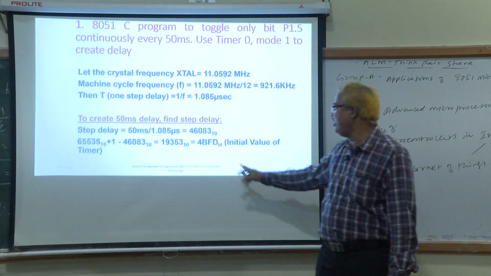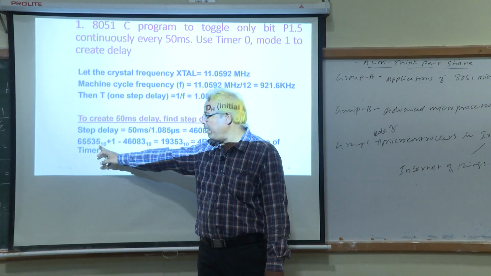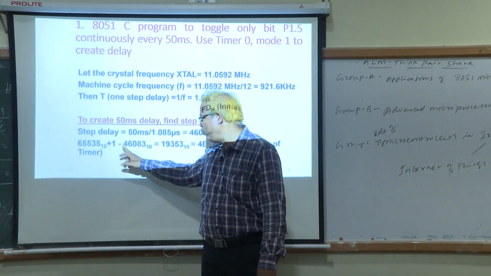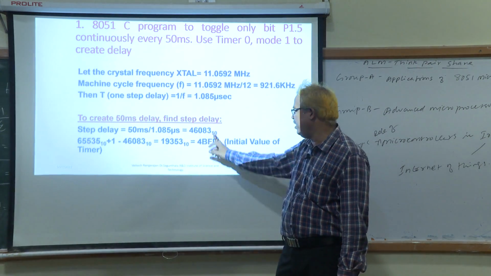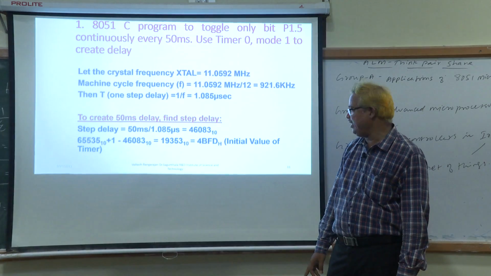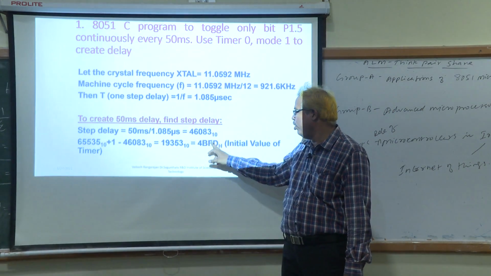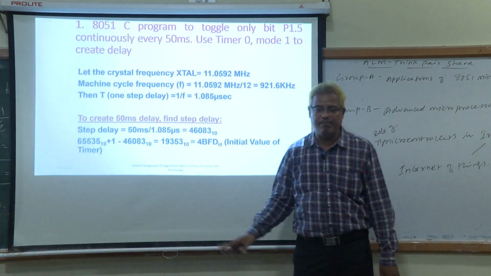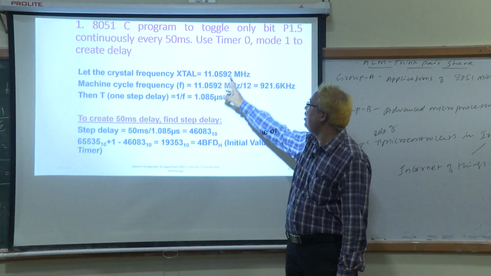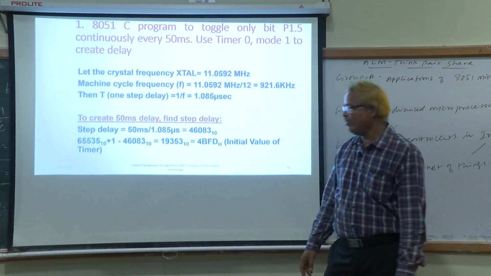The maximum count is 65535 plus 1, so it needs to be subtracted from this value, so that we get 19453 to the base 10. Converted into hexadecimal, that is 4BFD. This value is to be loaded in the timer register. Once we load this value into the timer register, we will get a 50 millisecond delay.